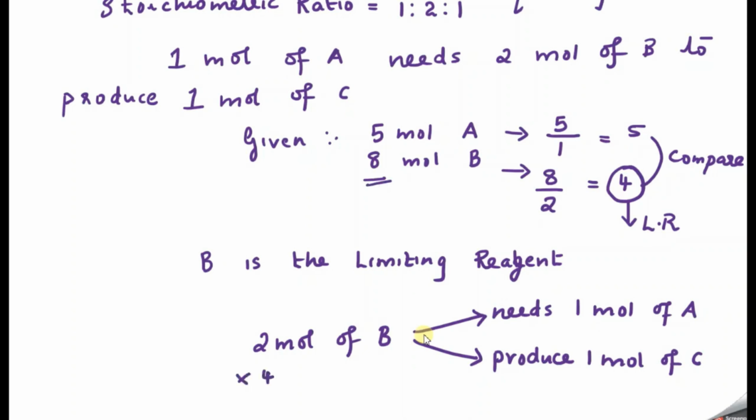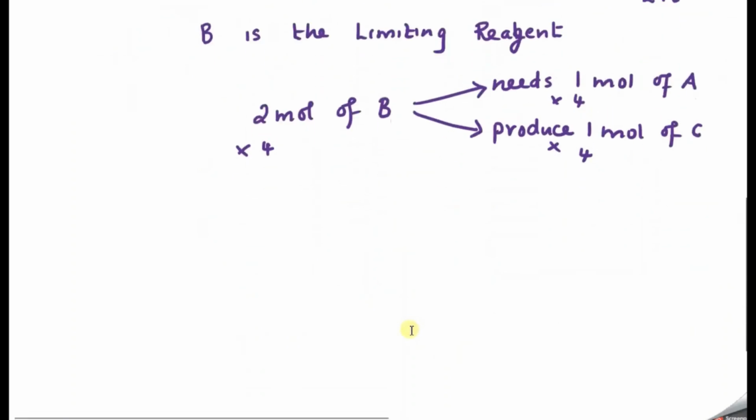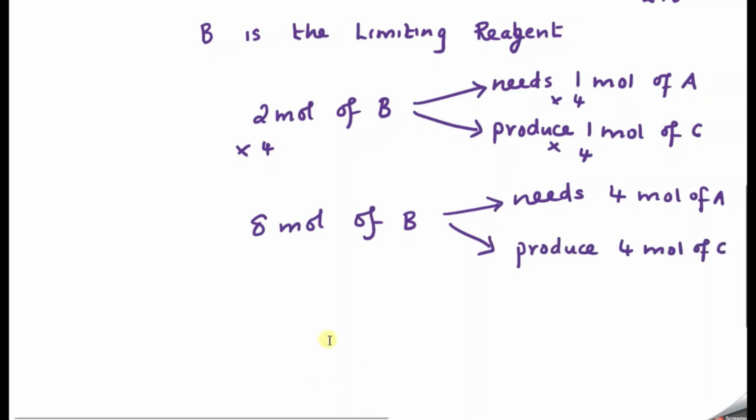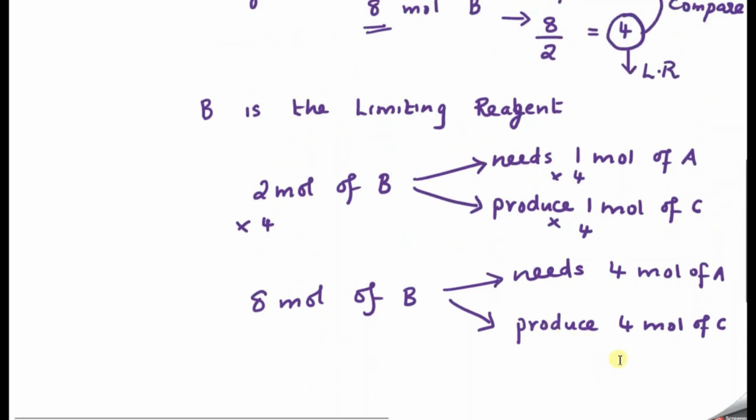Multiply by 4, on both sides. So 8 mole of B needs 4 mole of A and will produce 4 mole of C. So 4 moles of C will be produced.